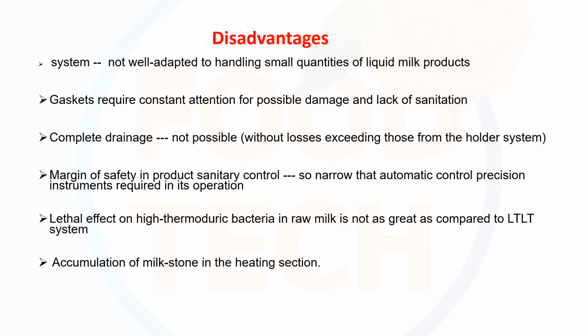The margin of safety in products and sanitary controls is narrow, so automatic control instruments are required. The lethal effect on thermophilic bacteria in raw milk is not greater compared to the LTLT system, and there is accumulation of milk stone in the heating sections.